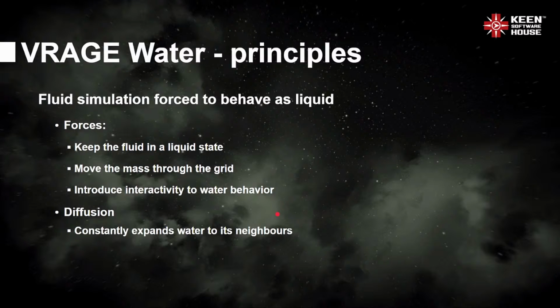And the tool to fix this, to make water liquid, is forces. We need to use forces to keep the fluid liquid, to keep the water realistic, and also to be able to interact with the water. Everything is done with forces.